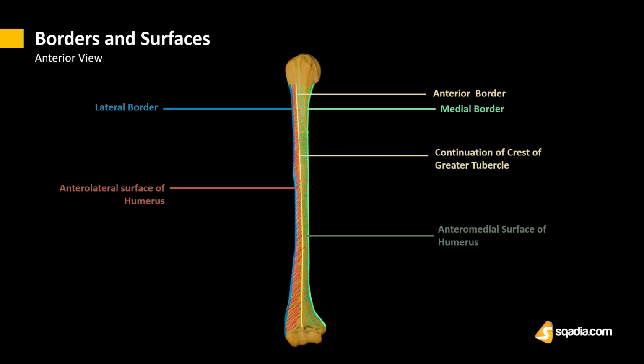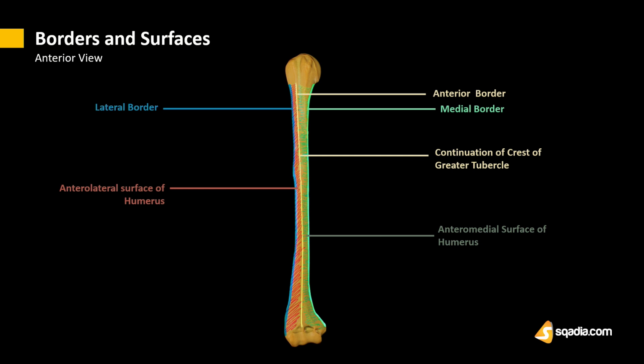The area between this line to the lateral border will be called the anterolateral surface, and the area from this line to the medial border is known as the anteromedial surface. The posterior area is the area between these medial and the lateral borders on the posterior aspect of the humerus.